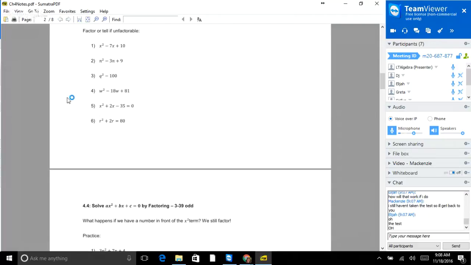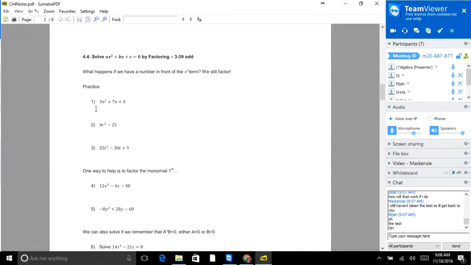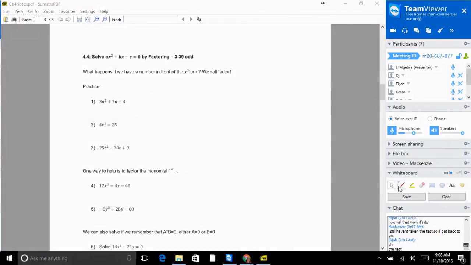In 4.3, we factored all of these quadratic equations, and then we figured out that we could solve them, right? So 4.4, the added twist is that we have the same quadratic equation, except that out in front of this squared term, we now have a number. For example, the first one has 3n squared versus just n squared.